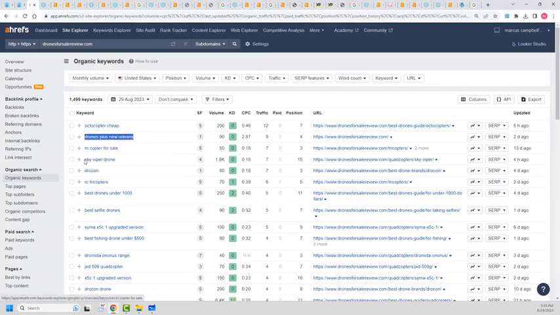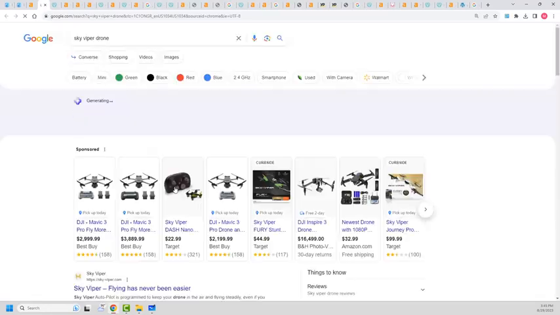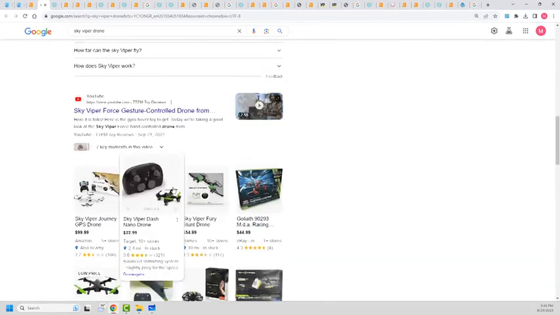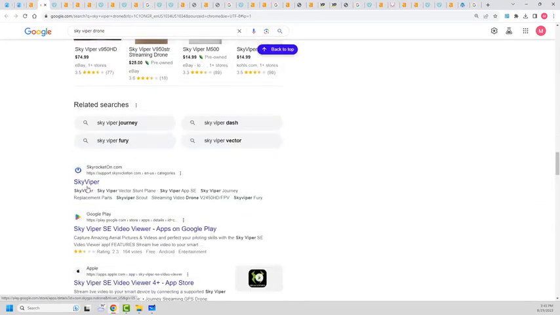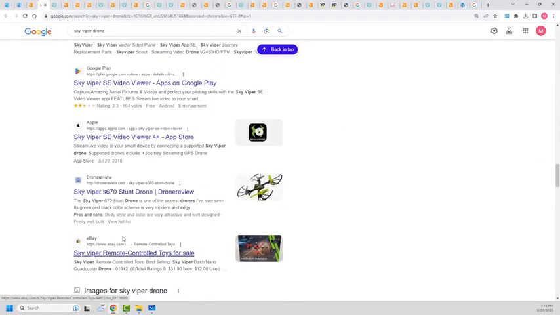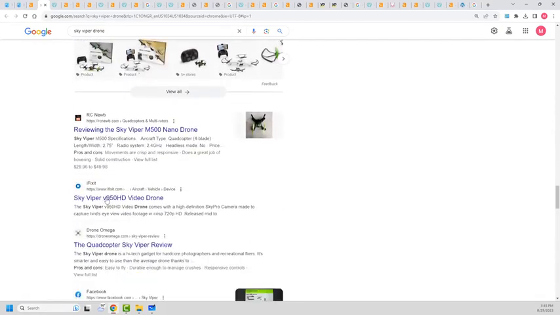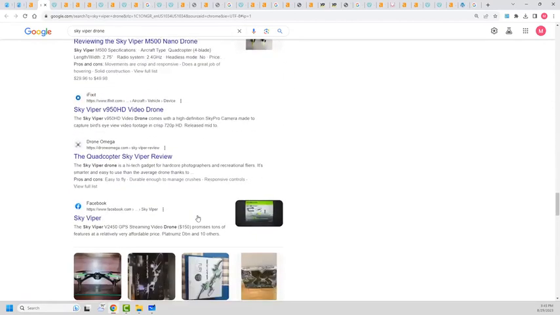Like I will rank for Sky Viper drone number 15 if it's ranking right now. Okay, so let's see if it is. What was it? Drone review, buy sales review or something like that.